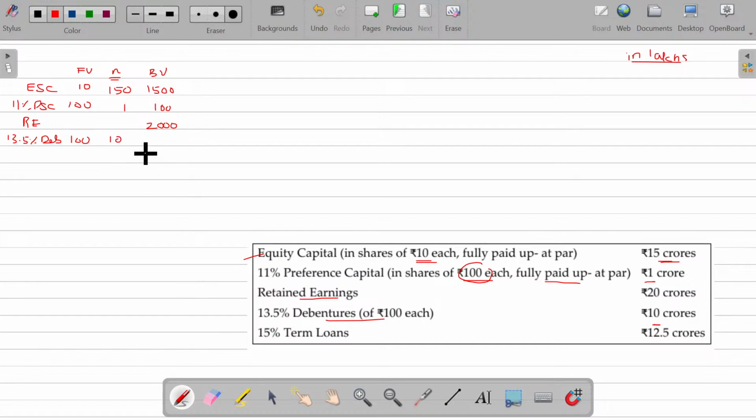Value being 1,000 lakhs. 15% term loan, 12.5 crore, otherwise 1,250 lakhs. The overall book value of the company being 5,850. Is that clear?